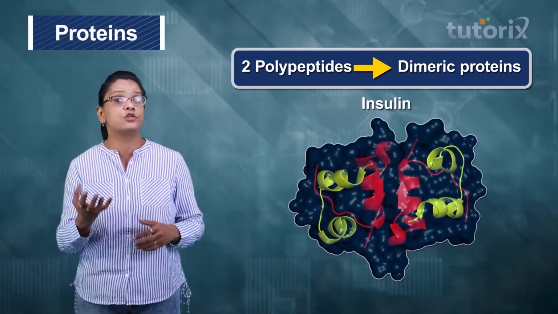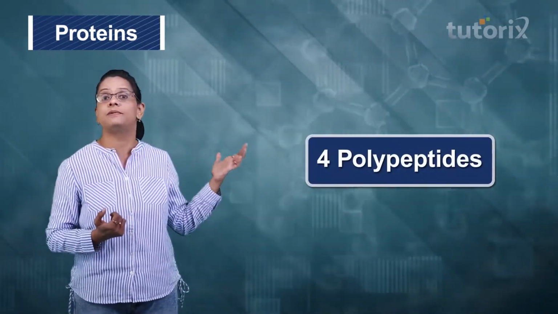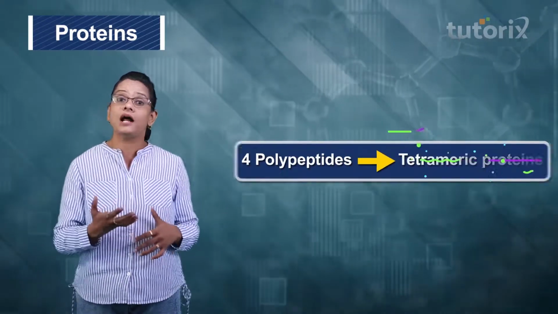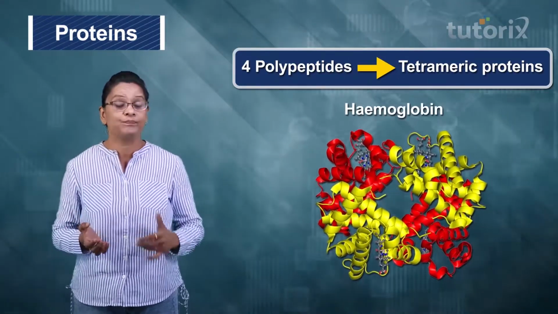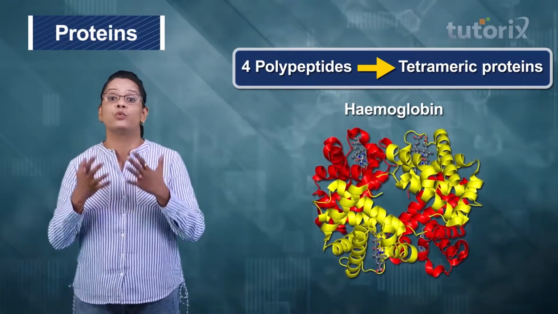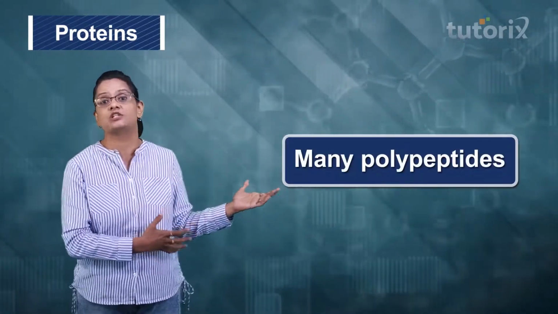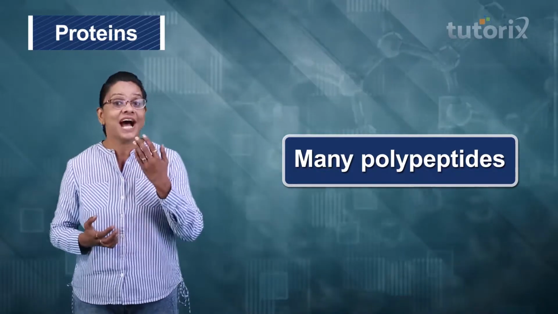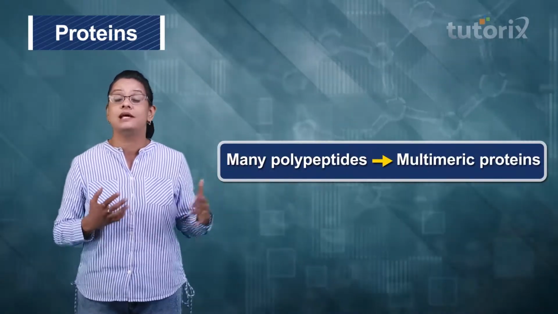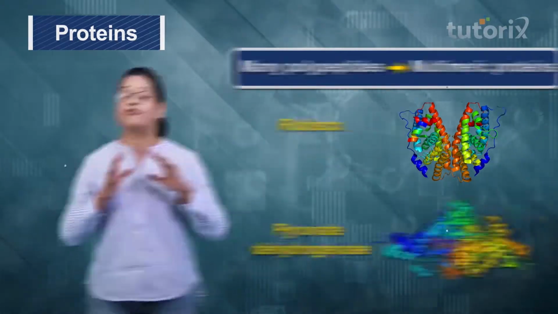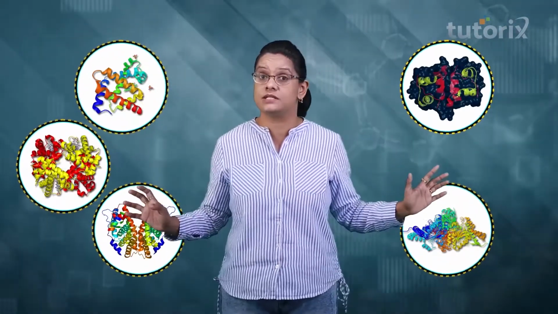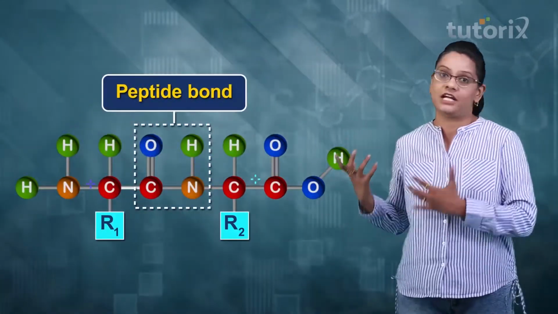Now those proteins which have four polypeptide chains in them are the tetrameric proteins, like the hemoglobin of blood. And the proteins which have numerous or many polypeptides in them are the multimeric proteins, like rubisco, pyruvate dehydrogenase, etc. Now friends, all these proteins are composed of amino acids which are linked together by the peptide bond.